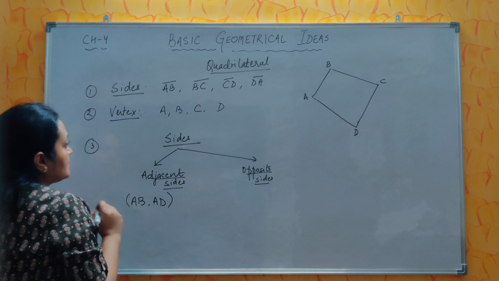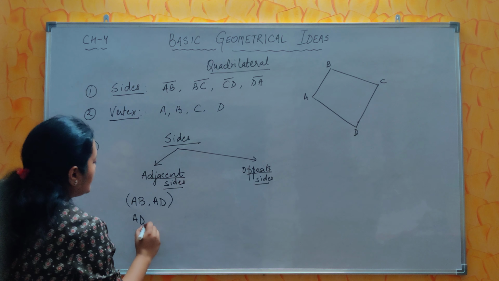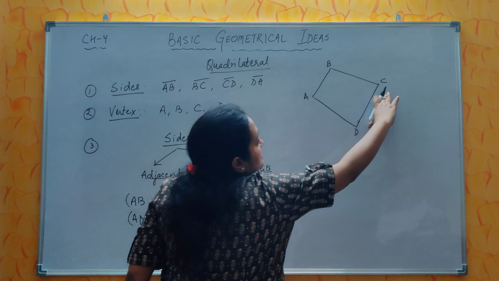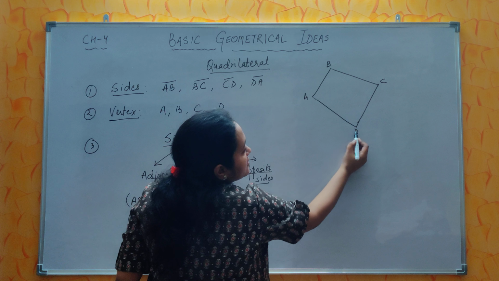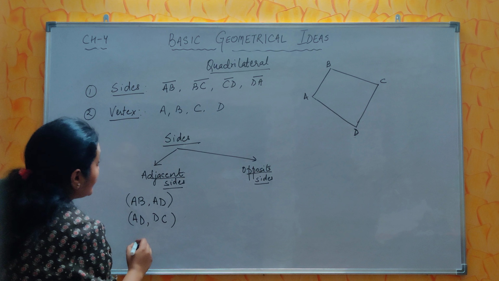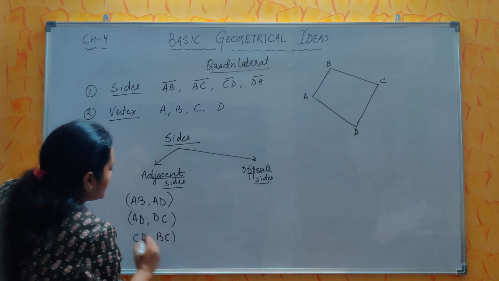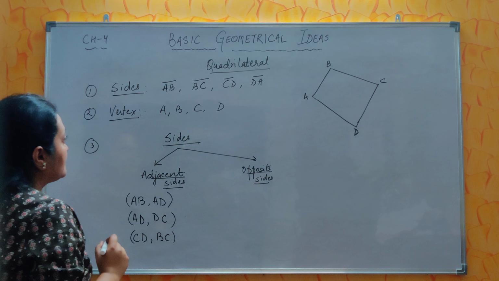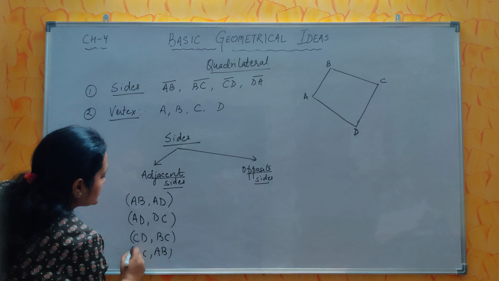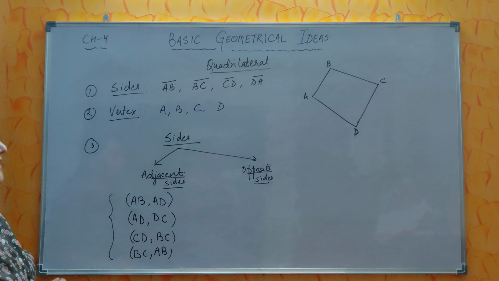Another such pair is AD and DC. This and this side are also adjacent because they have a common vertex or common endpoint. Again, CD and BC is another adjacent pair, and BC and AB is another such adjacent pair. These are the 4 pairs of adjacent sides.